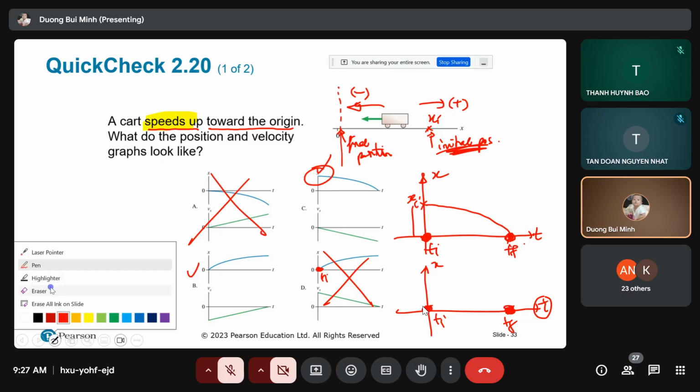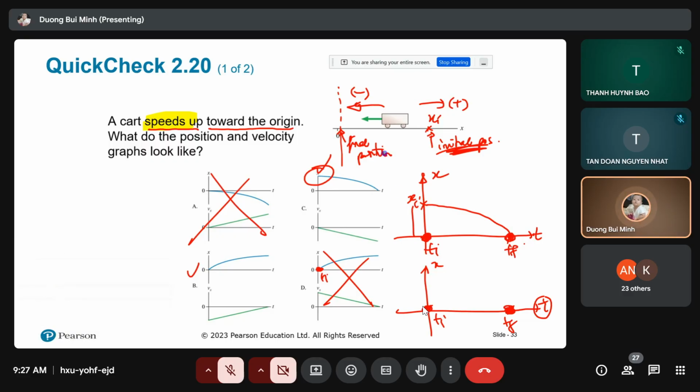Continue. Now we consider the velocity, as it speeds up. Please imagine the car motion at the beginning when we start. Of course, Vi will be 0 at the beginning, right?